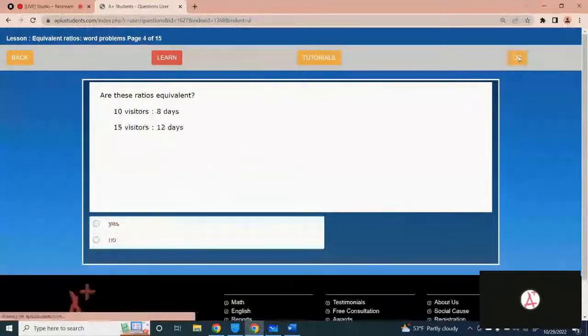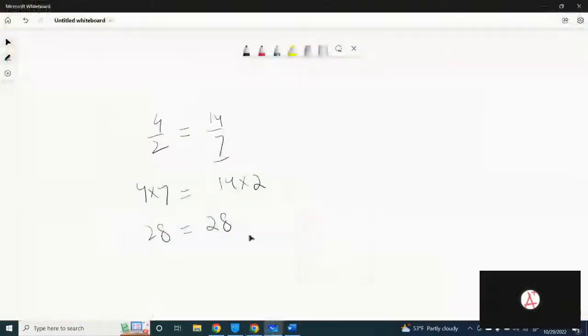Okay, the next one is, are these ratios equivalent? 10 visitors to 8 days and 15 visitors to 12 days. Let me write down 10 visitors and 8 days. You can write it in fractional form. So 10 by 8, and the other one is 15 over 12.